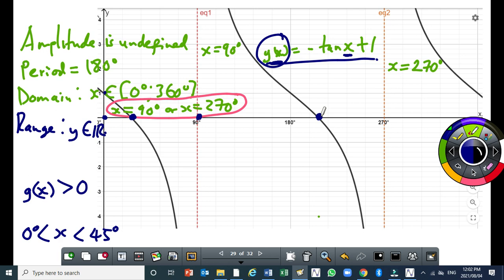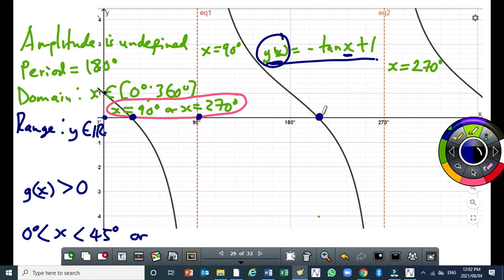Can someone tell us what's the value of x here? All right, because of time, the value is going to be 225 degrees.